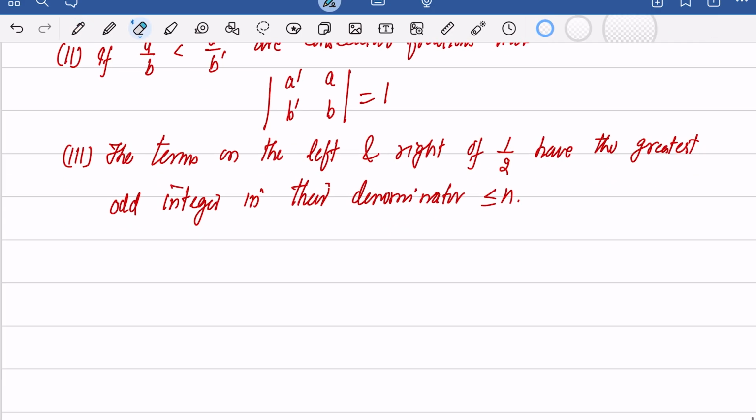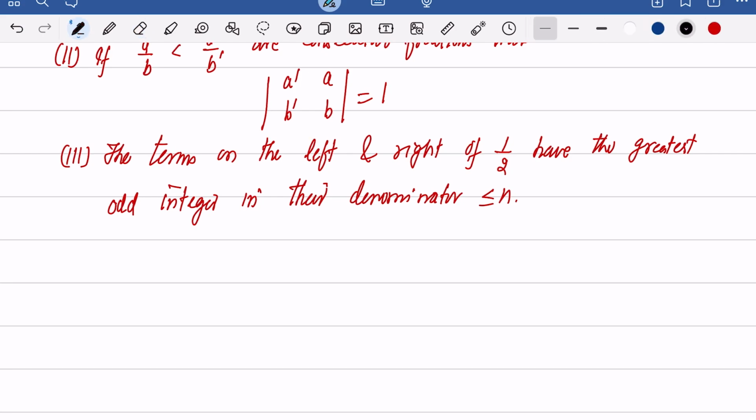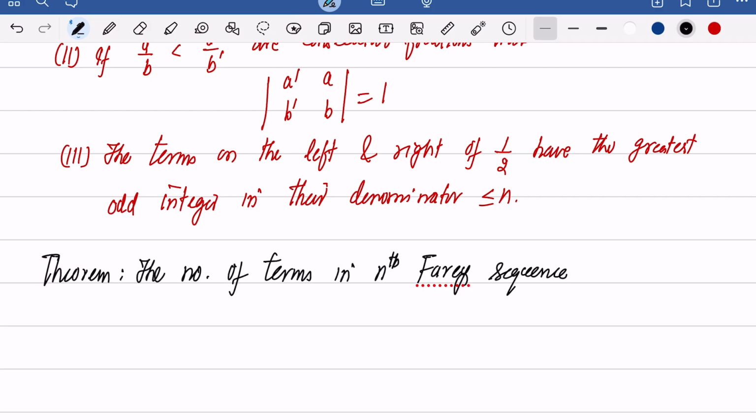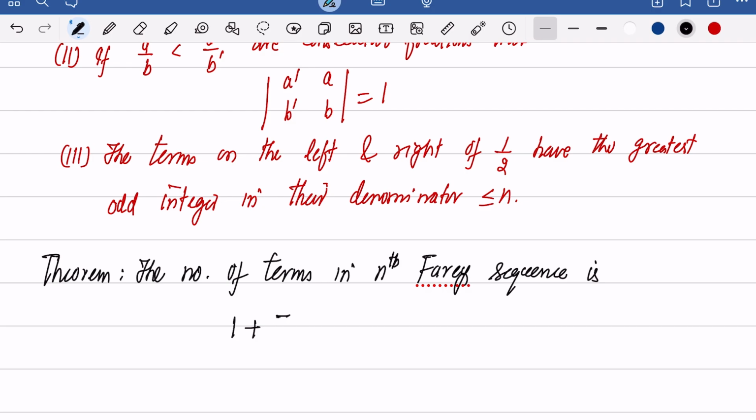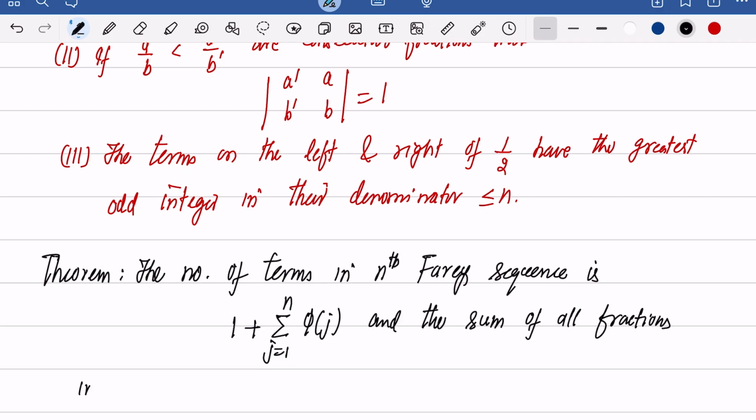Now finally we write down one theorem to evaluate the number of terms in the nth row of a Farey table. The number of terms in the nth Farey sequence is 1 plus summation j running from 1 to n of phi of j, and the sum of all fractions in the nth Farey sequence is exactly half of this value.